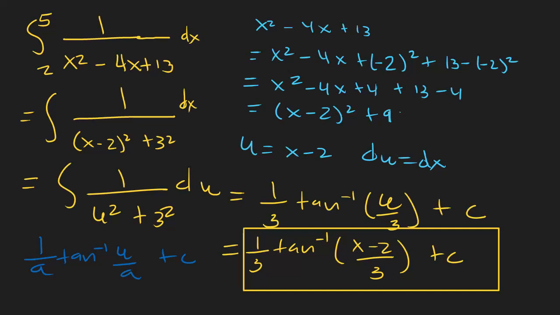And you can look at that later: what if you were integrating from 2 to 5, what would that look like? The answer would be pi over 12. But in any case, if you want to try another type of example, you're more than welcome to, where you try to complete the square, for example.